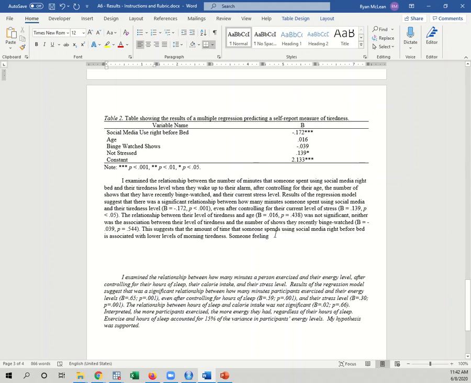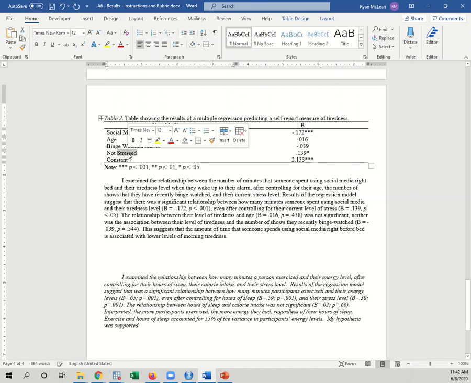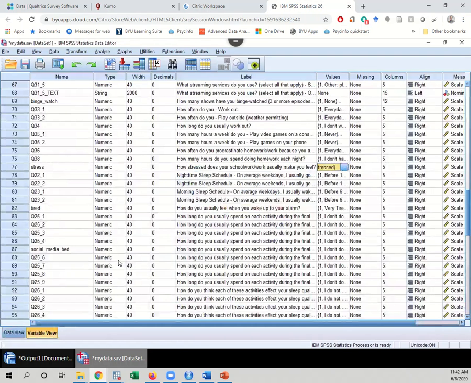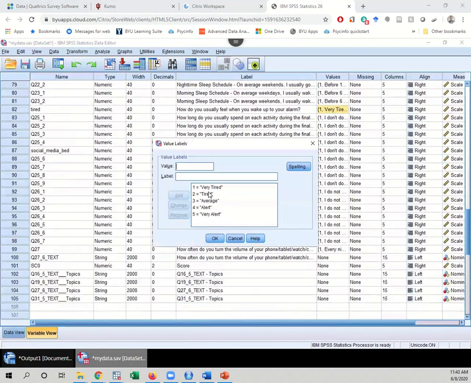Because this means that someone feeling low levels of stress, let's think about how to say this. So because I'm having higher levels of being not stressed is associated with higher levels of tiredness, which still doesn't make any sense. Hold on. Yep, so here was my other issue.